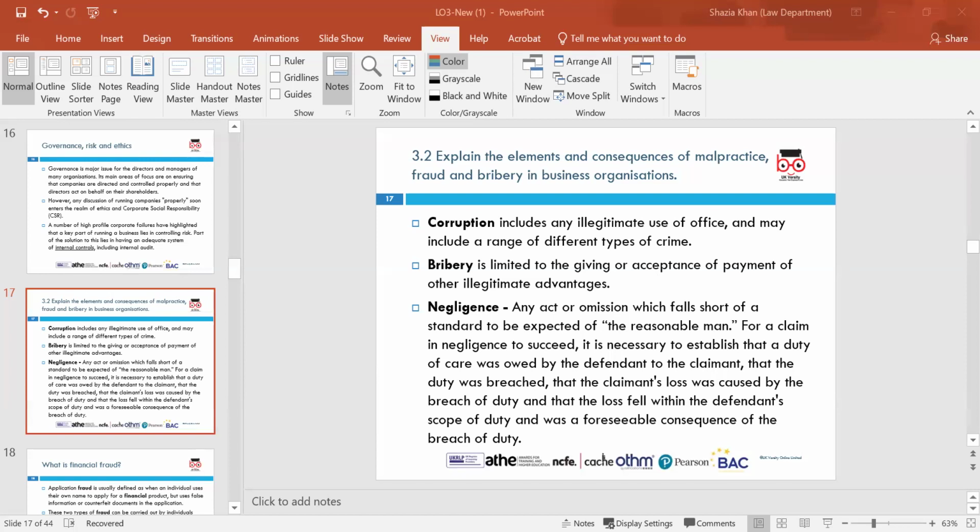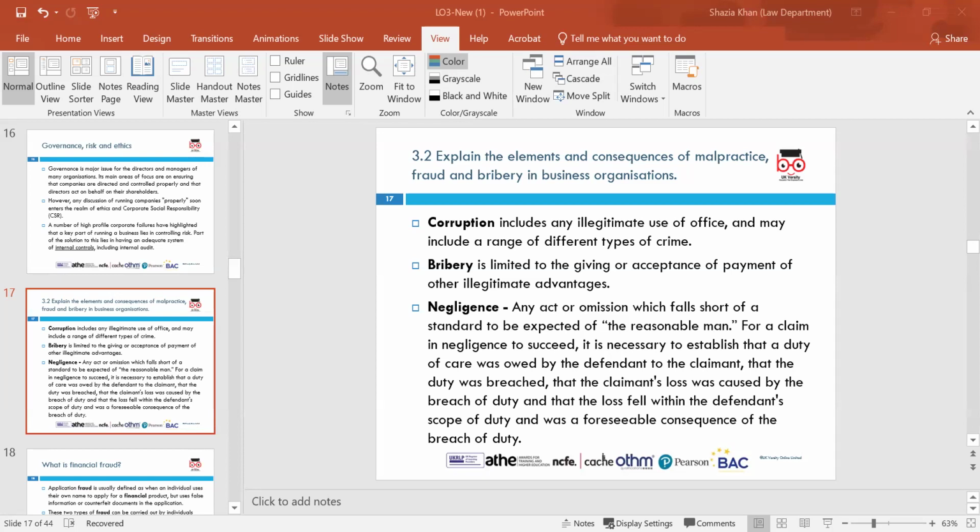A breakdown of key offences: bribing another person, offering or giving an advantage to influence their actions in any capacity, be it private or public. Accepting a bribe is another, agreeing to receive an advantage in exchange for improper performance of a function. Bribery of foreign public officials, offering or giving an advantage to a foreign public official to obtain business advantage in violation of their local laws.